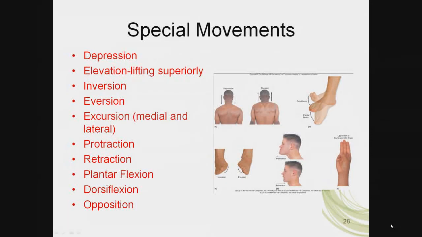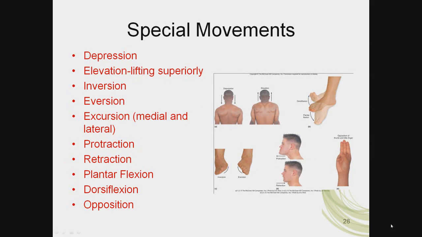Dorsiflexion and plantar flexion are limited to the ankle joint. Dorsiflexion occurs when the talocrural or ankle joint is bent such that the superior surface of the foot and toes moves toward the leg. This movement occurs when you dig in your heels, and it prevents your toes from scraping the ground when you take a step, meaning walking on your heels.